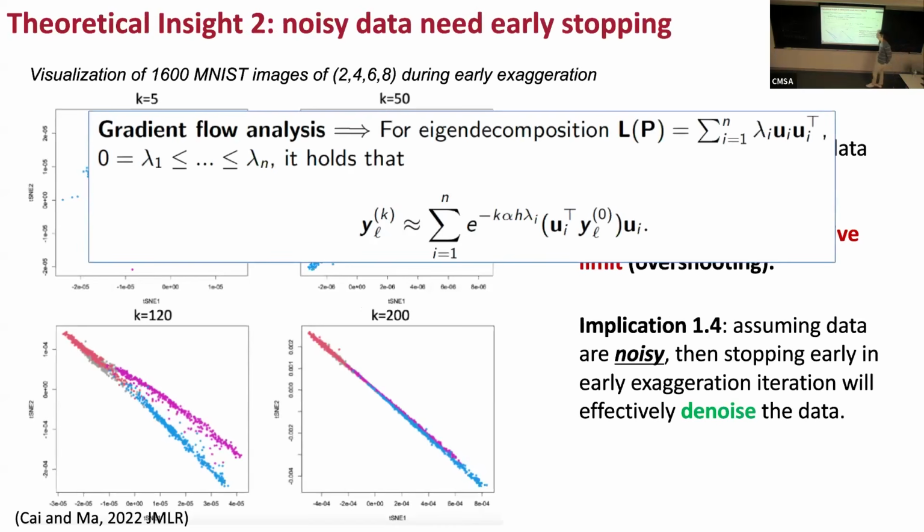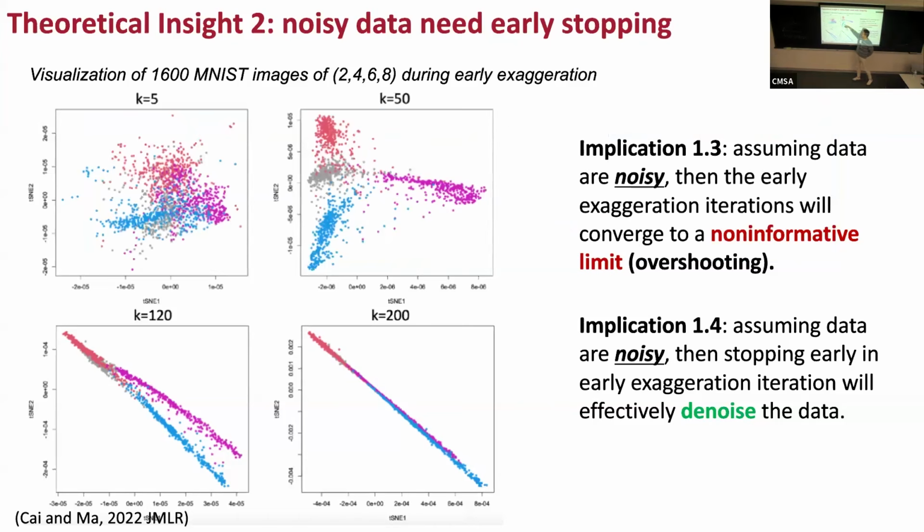Right. So here, in theory, we can establish that for a given level of noise, signal to noise threshold, there exists an optimal range of K, so that this embedding will converge to something that separates the clusters well.